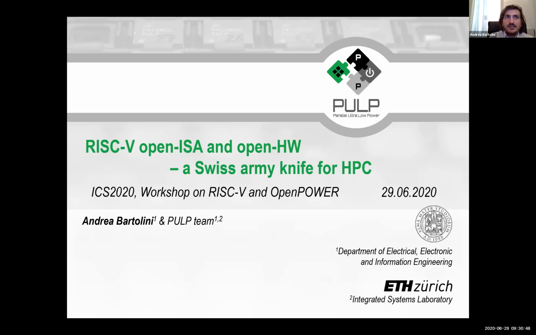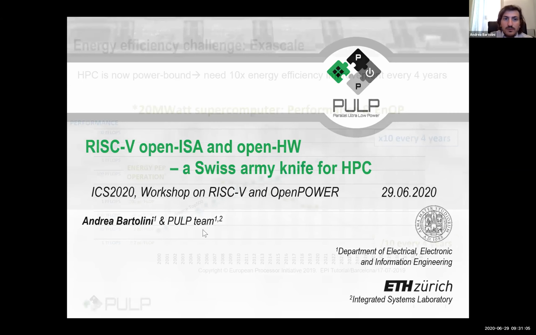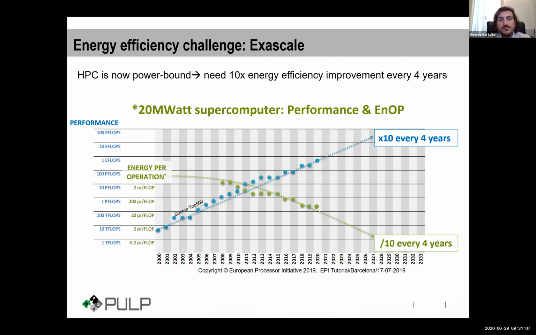The talk today is about seeing how the outcome of the PULP project can be a Swiss Army knife for creating open hardware and open source HPC processors and systems. The first important thing from this slide is the challenge that we are facing moving toward exascale.